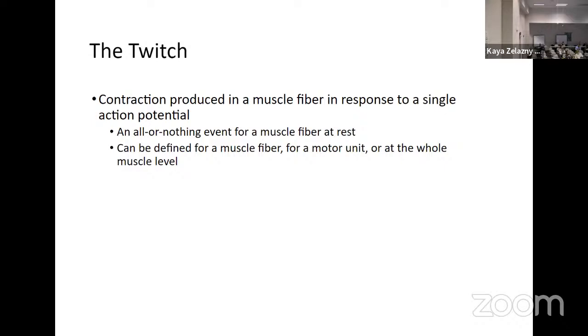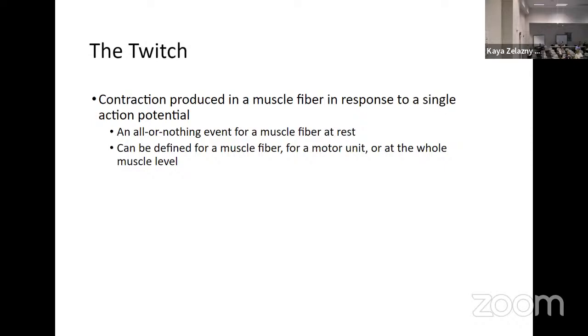And we can talk about twitches at the individual muscle fiber level. We know that our motor units are one motor neuron splitting out to innervate multiple muscle fibers.